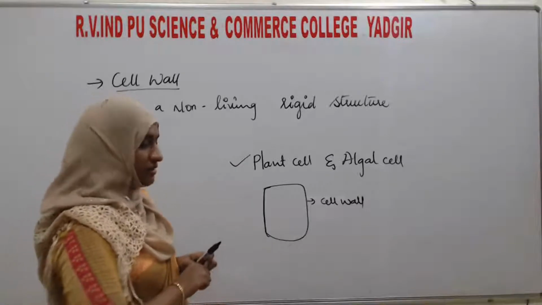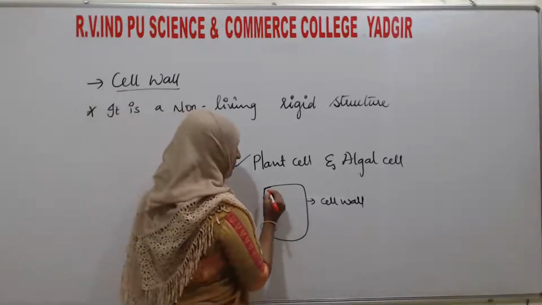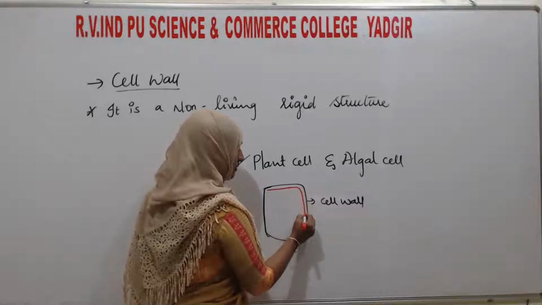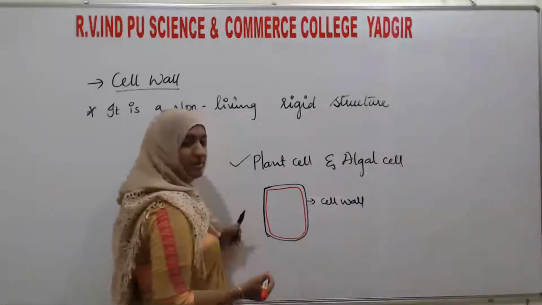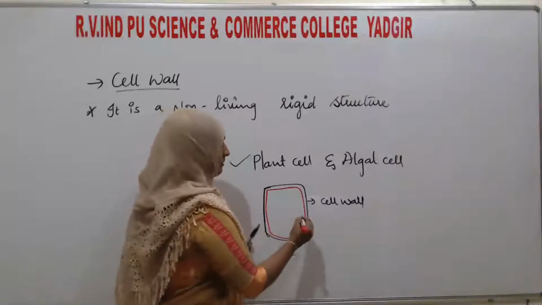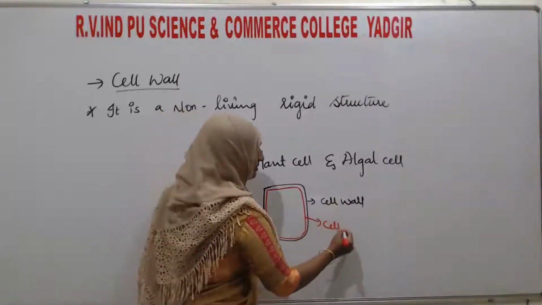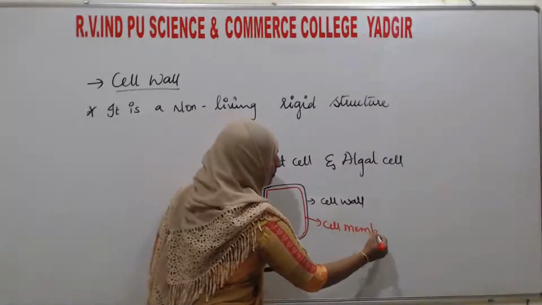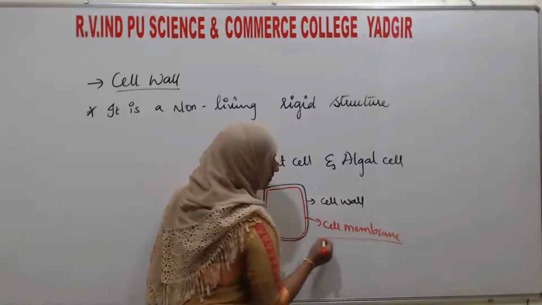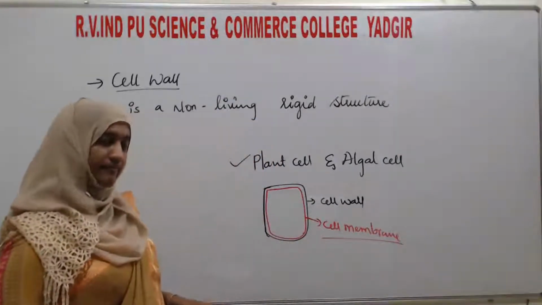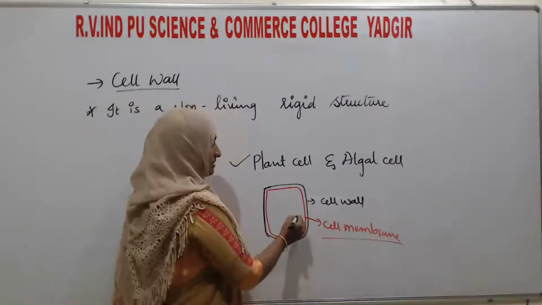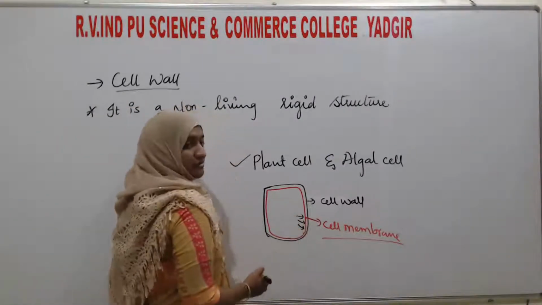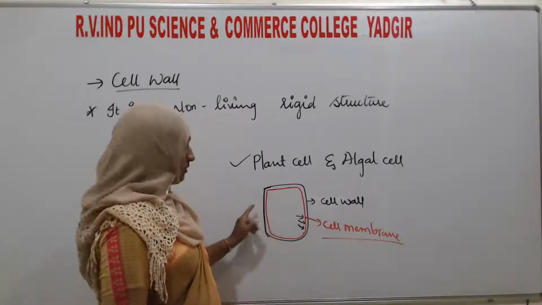The cell wall forms a covering over the plasma membrane or the cell membrane. This red colored line represents the cell membrane or plasma membrane, present towards the inner side of the cytoplasm of the cell.